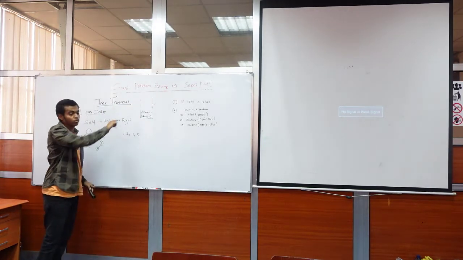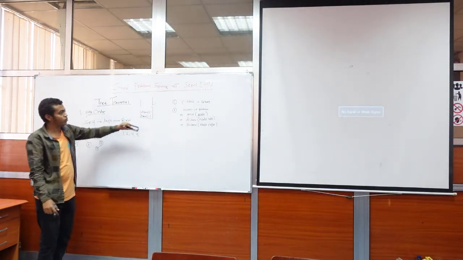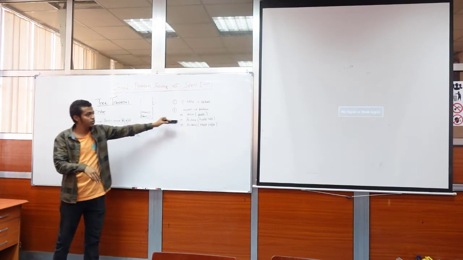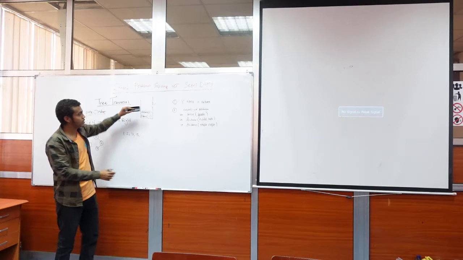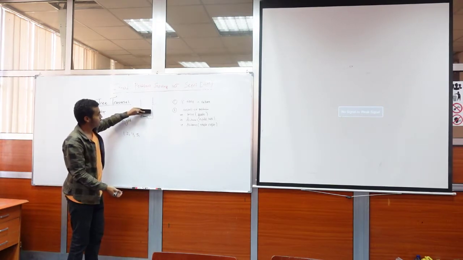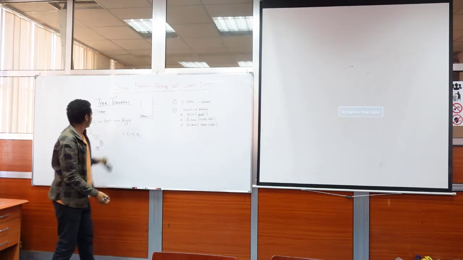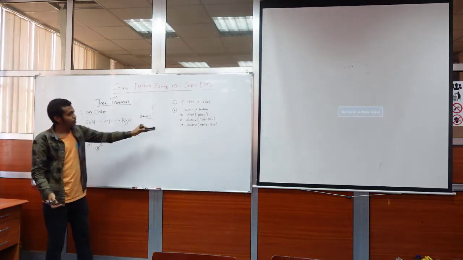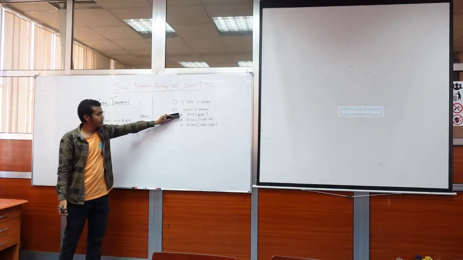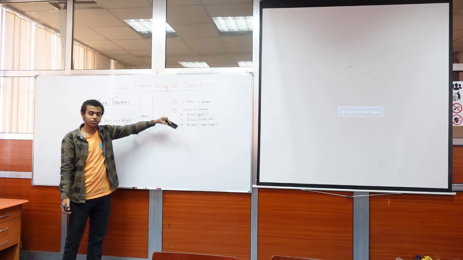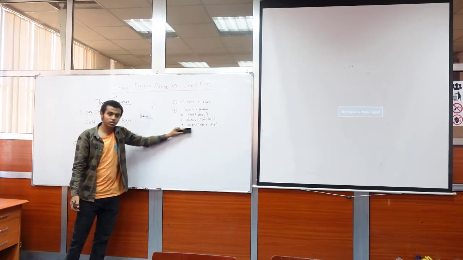So for 2, which of these operations haven't been done? All of them have been done, right? We did the left and we did the right, so it returns none here. So it gets popped out. And now we're back to 1. So we did print it, and then we did the recursive call for the left subtree. Now we're left with this.